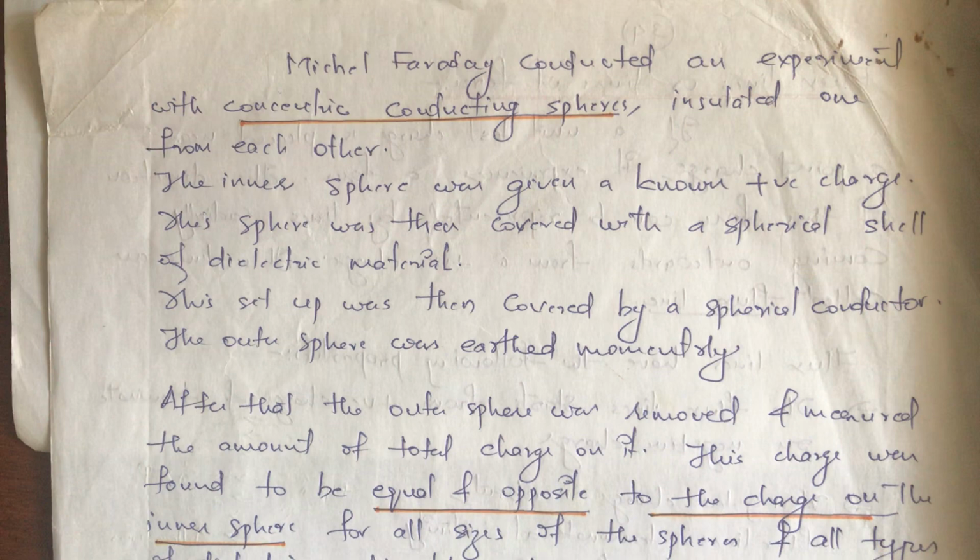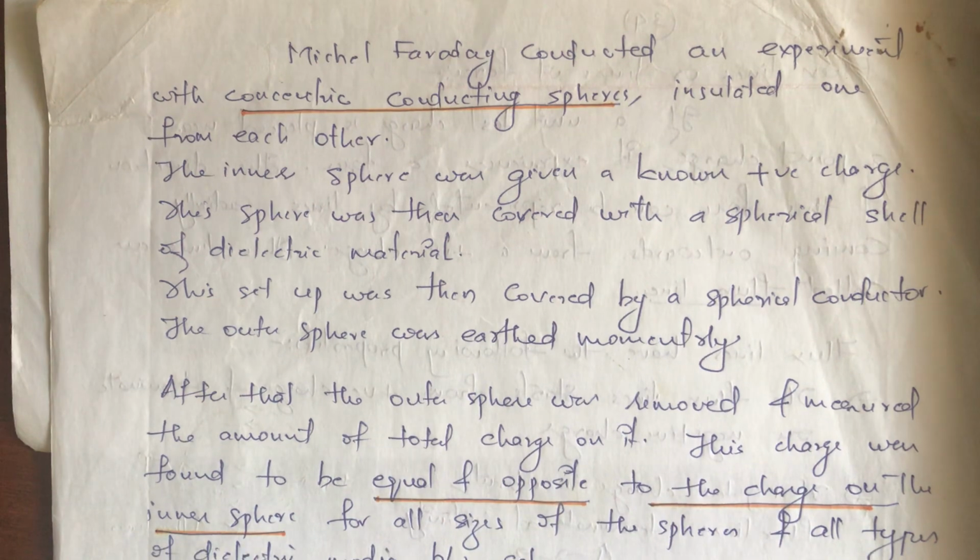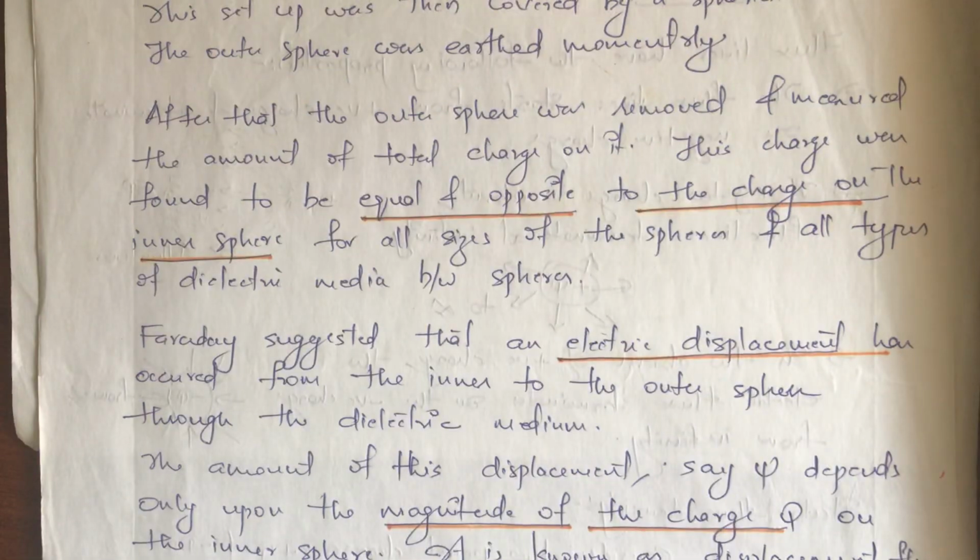After that, the outer sphere was removed and the total charge on it was measured. This charge was found to be equal and opposite to the charge on the inner sphere for all sizes of the sphere and all types of dielectric media between the spheres. So Faraday suggested that an electric displacement has occurred from the inner to the outer sphere through the dielectric medium.